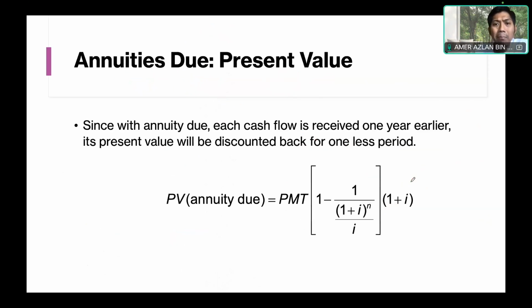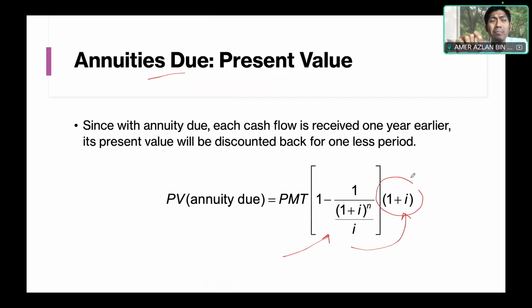Now, the same thing applies if you want to calculate present value of annuity due. The formula of present value of annuity is still the same. It's just that you add 1 plus I at the back. That is all. Okay. So very important for you to read the question carefully and determine whether that question talks about ordinary annuity or annuity due.